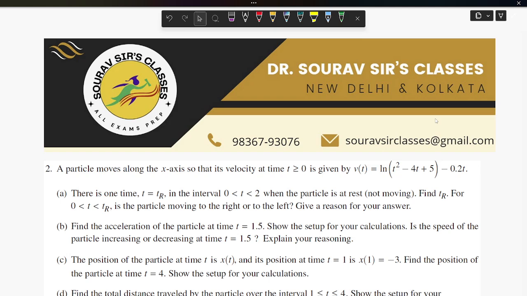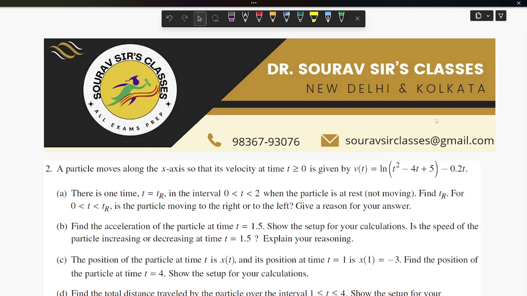So now we are going to solve a problem which appeared in the Oxford AP Calculus previous year questions. The question tells us that a particle moves along the x-axis so that its velocity at time t, greater than or equal to 0, is given by v of t equals ln of t squared minus 4t plus 5, minus 0.2t.